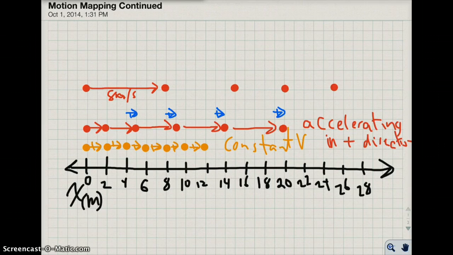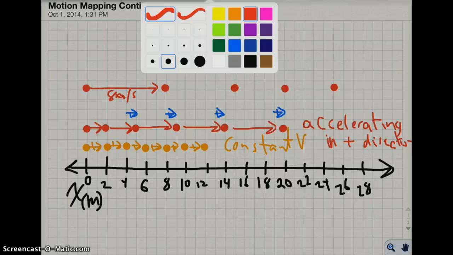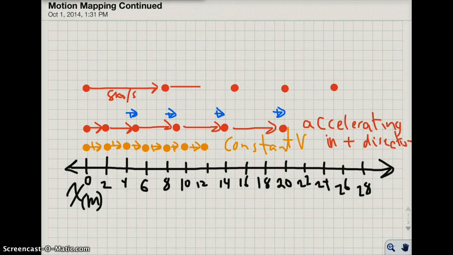So, oops, did I get that right? I think so. So I'm showing now an object that is no longer speeding up, but instead it's going from 8 meters per second for its average velocity to 7 meters per second to 6 meters per second. And, oh, I see, there's my mistake.